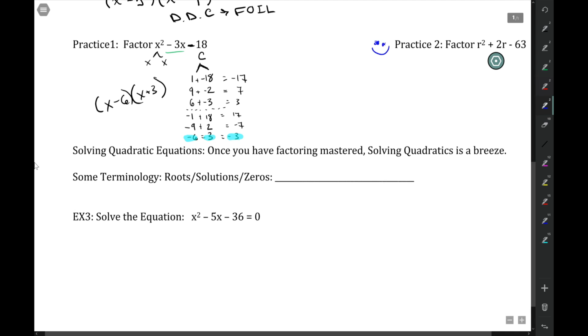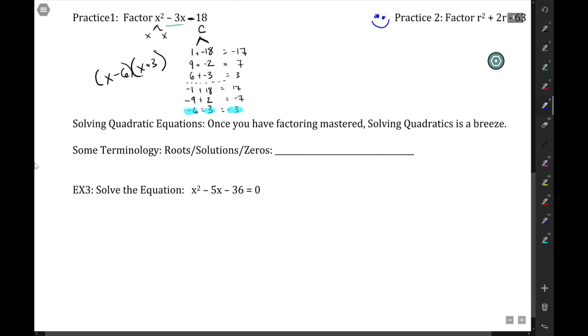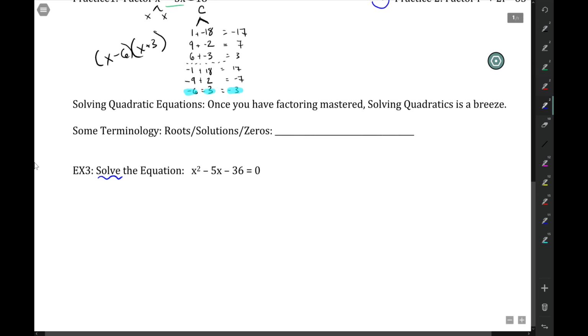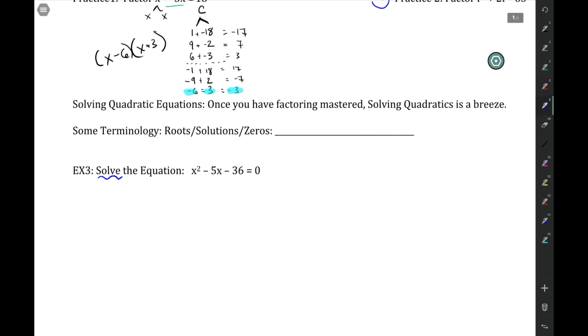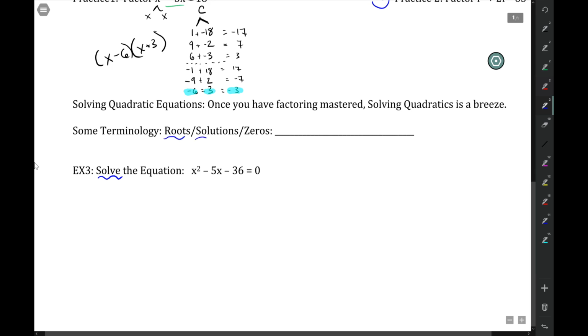Now, the true essential question today is how to solve these. Factoring is one thing, but solving is a little bit different. And just know, if you see the word roots, solutions, or zeros, it all involves solving. It's the same thing. Solving is very easy once you know how to factor. First is factor, so x squared minus 5x minus 36.